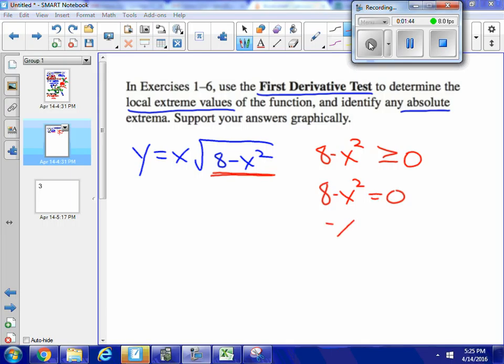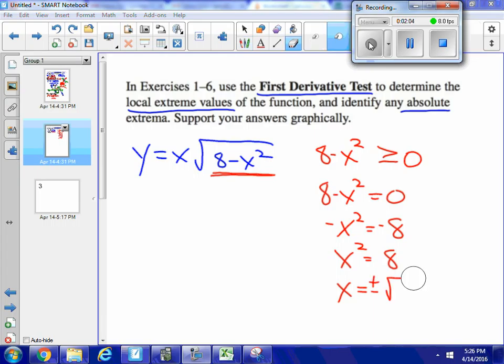So I have negative x squared is equal to negative 8. If I multiply both sides by negative 1, I get x squared is equal to 8. And if I take the square root of both sides, I get x is equal to plus or minus 2 radical 2.